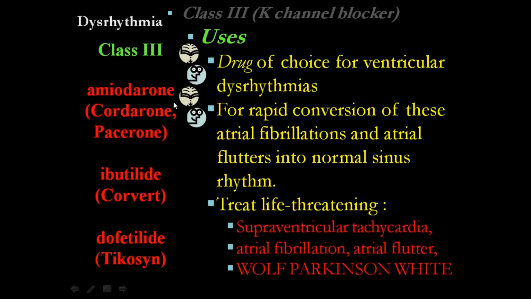Class 3 is very common to use too. Amiodarone is for ventricular arrhythmias and for atrial arrhythmias too, for both. But this is mostly when you are having life-threatening situations that they are going to use amiodarone.